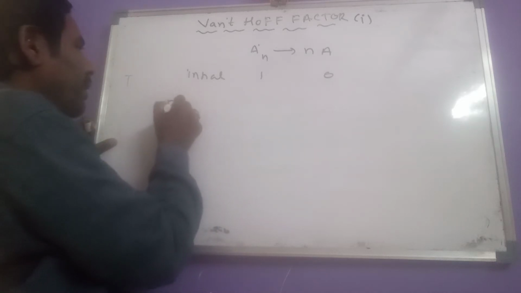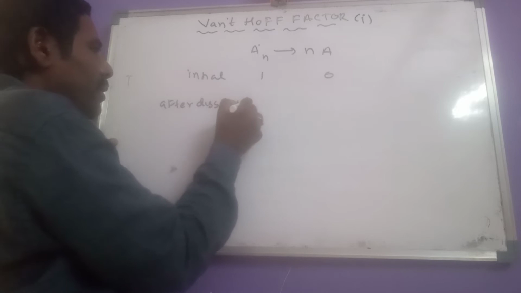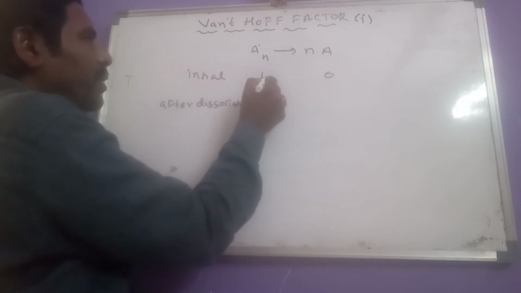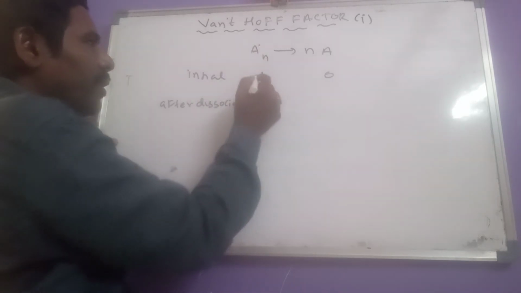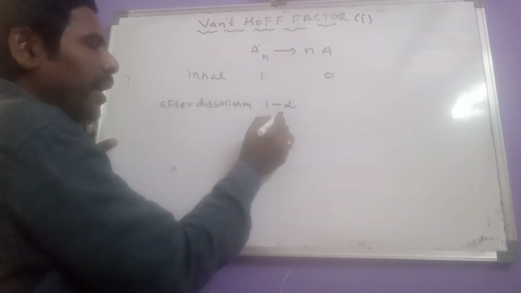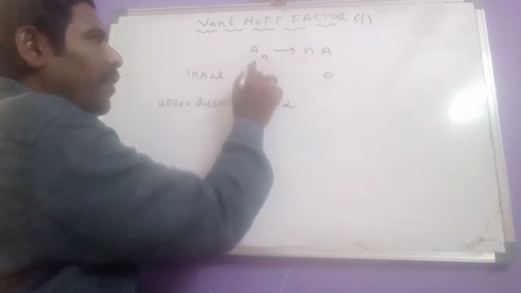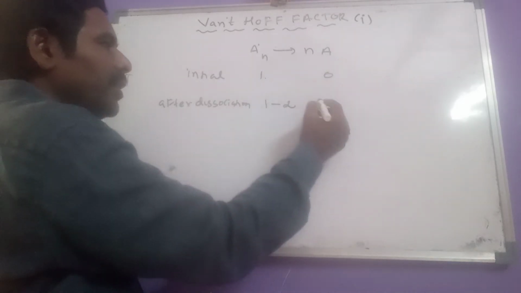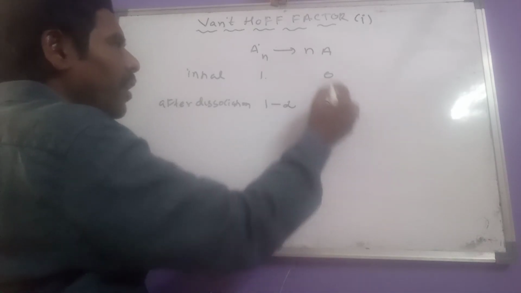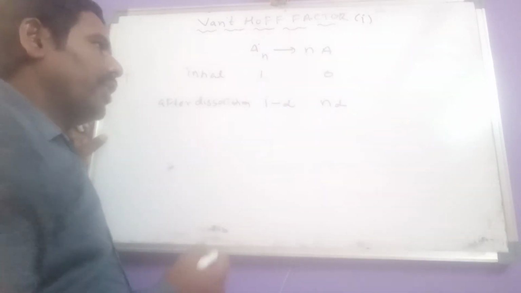After dissociation, suppose alpha moles are dissociated from this 1 mole. Now what are the remaining moles of AN? 1 minus alpha. And if alpha moles are dissociated, we get N alpha moles of A particles after dissociation.